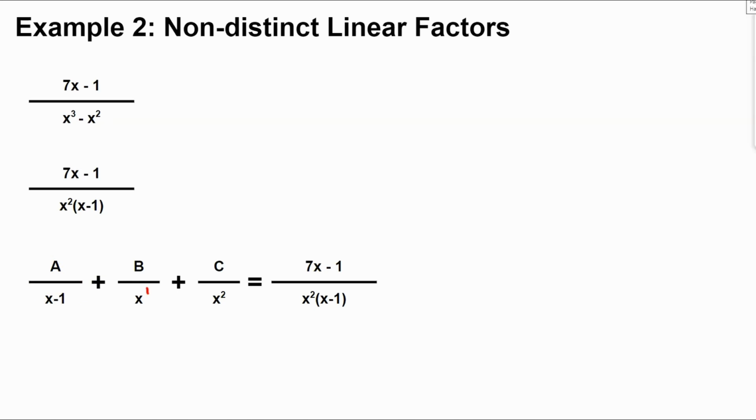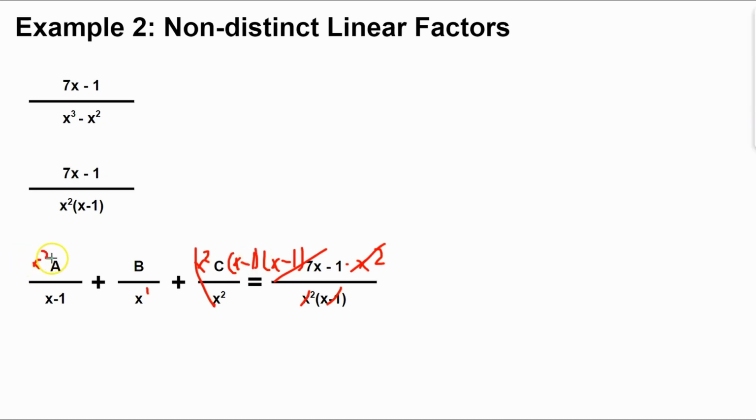And then again, what you do is you cancel out all the terms so that you're just left with the numerator of the original function. So multiply everything by x squared and x minus 1. So these cancel out. X squared in this case cancels out, and then you have x minus 1.